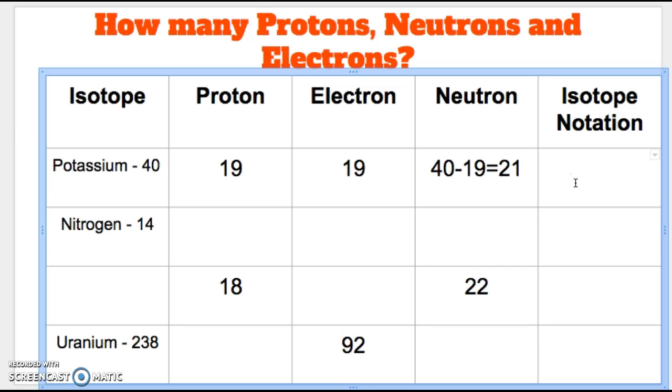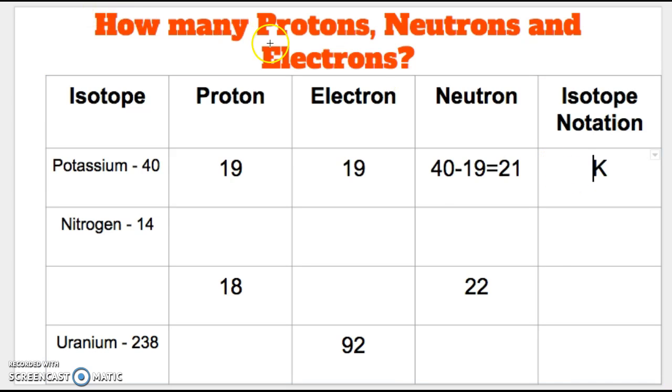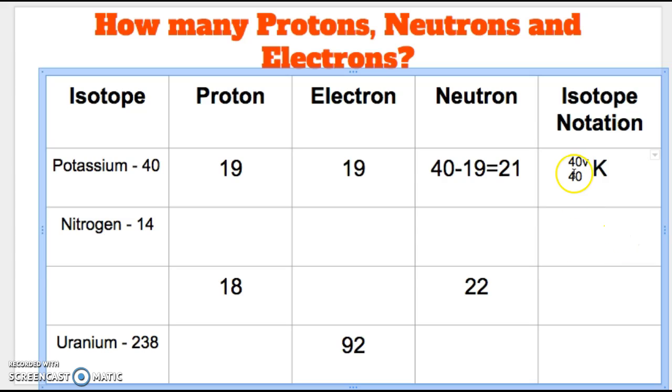Okay? When you do your isotope notation, what you're going to do is put a K, and up here should be your mass, which is 40. That mass comes from what was given to me right over here.